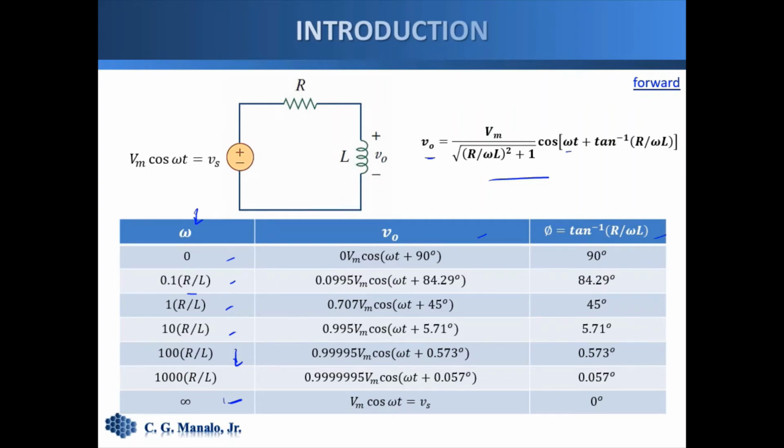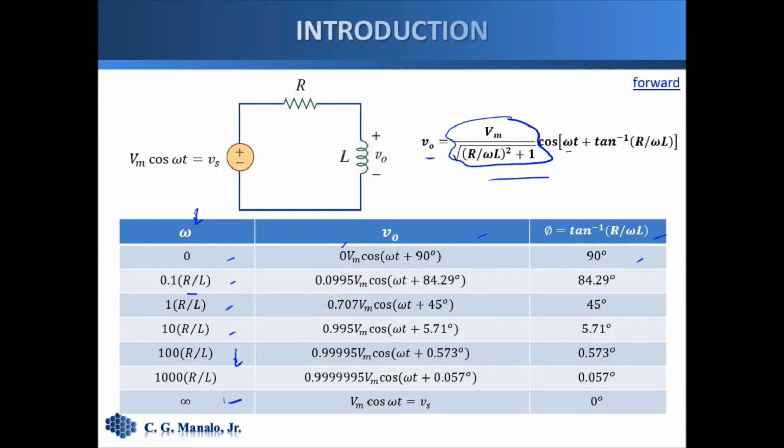So if omega is 0, we can use this to obtain the magnitude, so that will yield a value of 0, and a phase angle of 90 degrees.